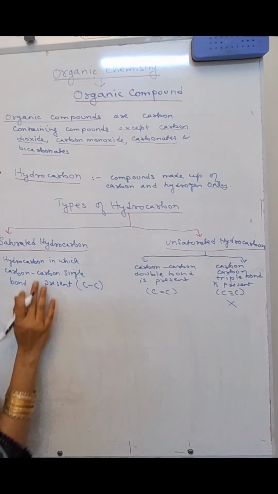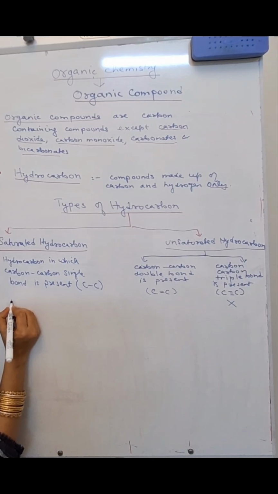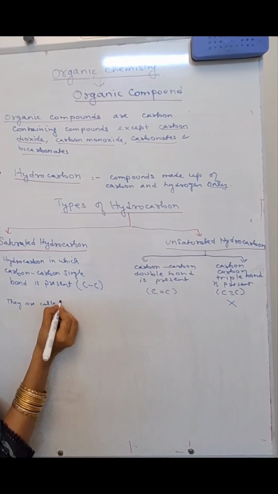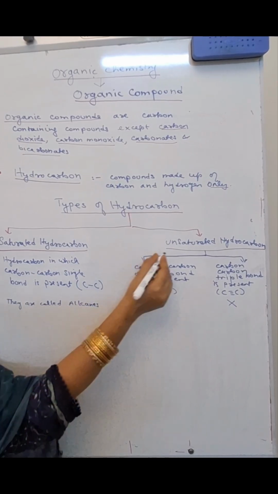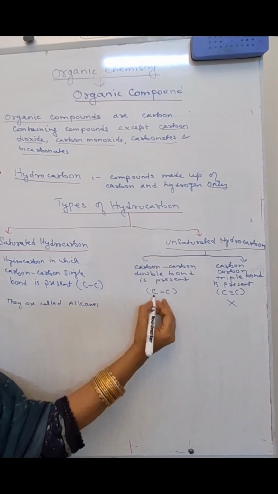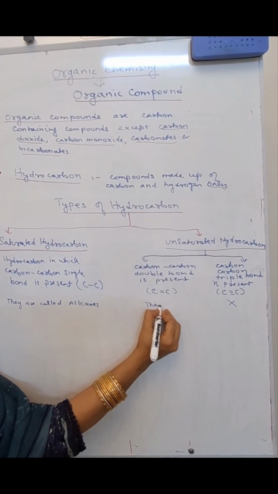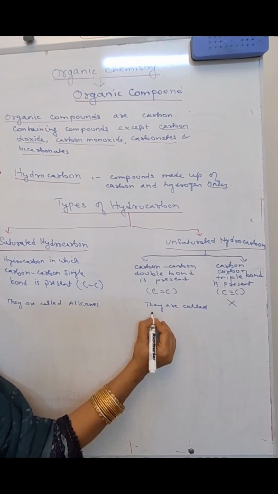Now, the hydrocarbons which are saturated are called alkanes, whereas unsaturated hydrocarbons, where carbon-carbon double bond is present, are called alkenes.